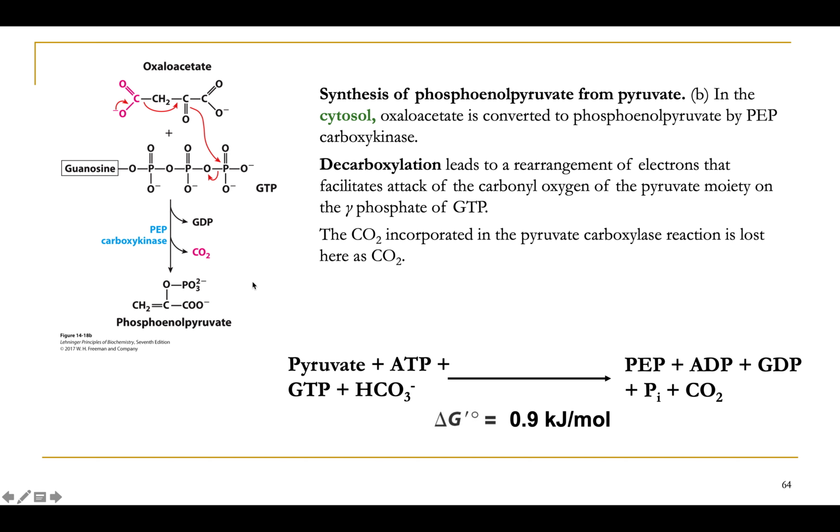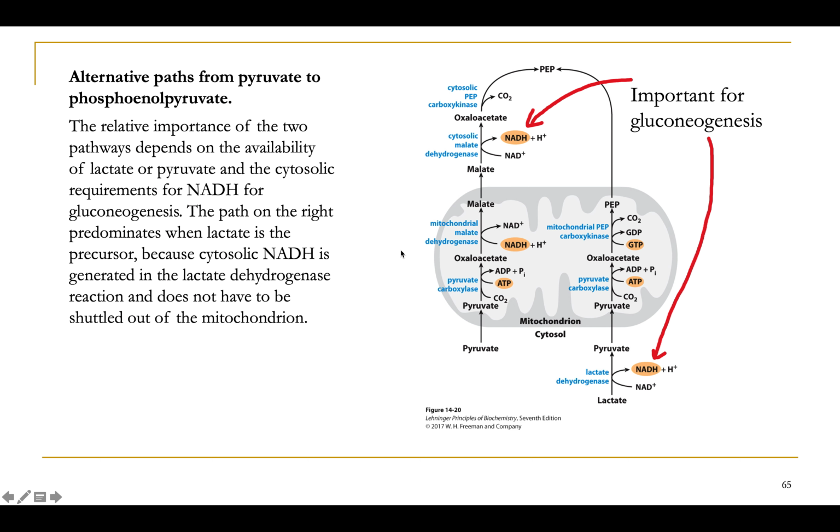So the next question: why is this compartmentalization shuttling necessary and how is it happening? To understand it, we need to consider the fact that during gluconeogenesis we need reducing equivalents in the form of NADH in the cytosol, because if you remember from glycolysis, when going from glucose to pyruvate, at one step we produce reducing equivalents.